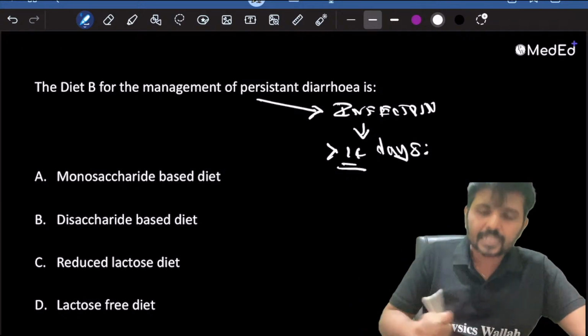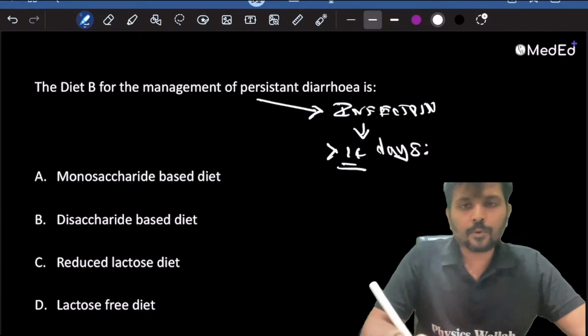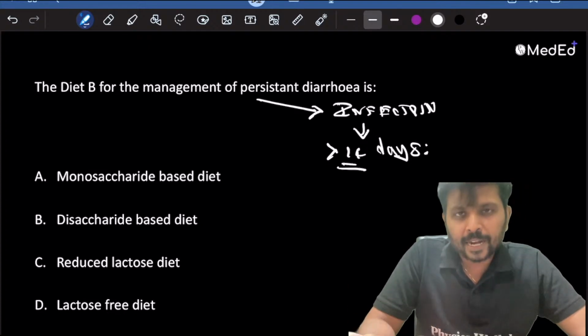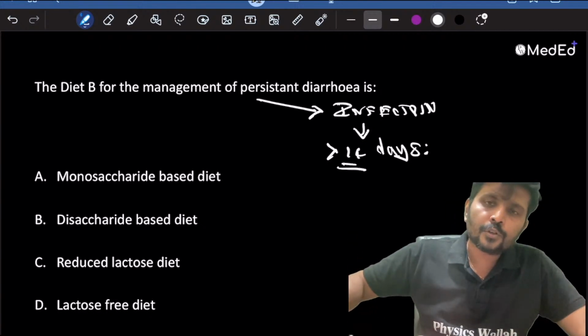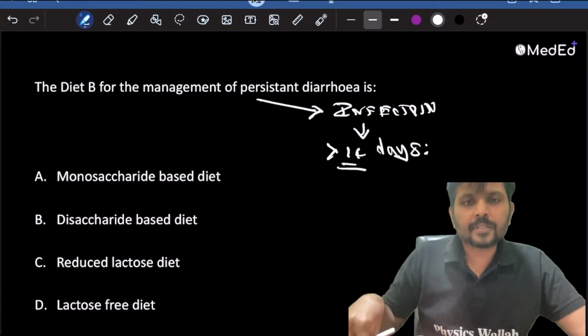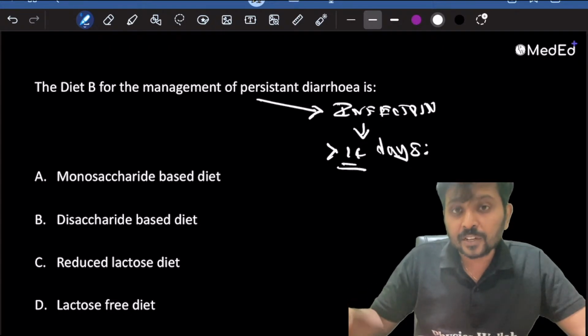Remember, infectious etiology lasting for more than 14 days. In case of malabsorption, which is due to pancreatic insufficiency, cystic fibrosis, Crohn's disease, etc., that should not be considered as persistent diarrhea. Persistent diarrhea means post-infectious and it lasts for more than 14 days.